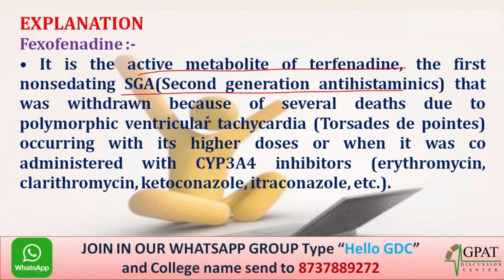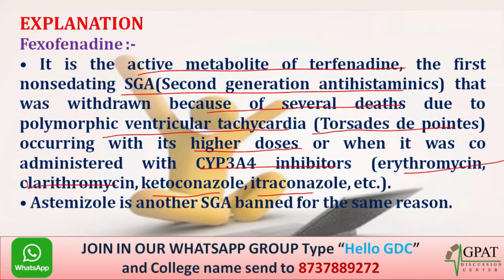antihistaminic that was withdrawn because of several deaths due to polymorphic ventricular tachycardia. It is also known as torsades de pointes, occurring with its higher dose or when it is co-administered with a CYP3A4 inhibitor, that is erythromycin or clarithromycin, ketoconazole, itraconazole, etc. And astemizole is another second generation antihistaminic withdrawn for the same reason.